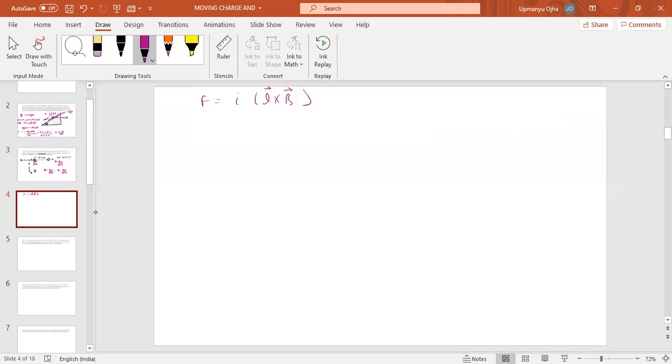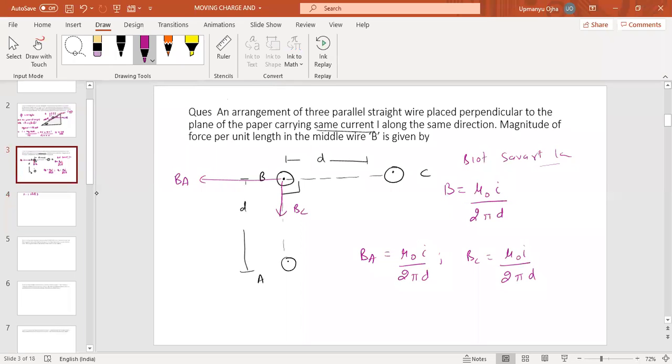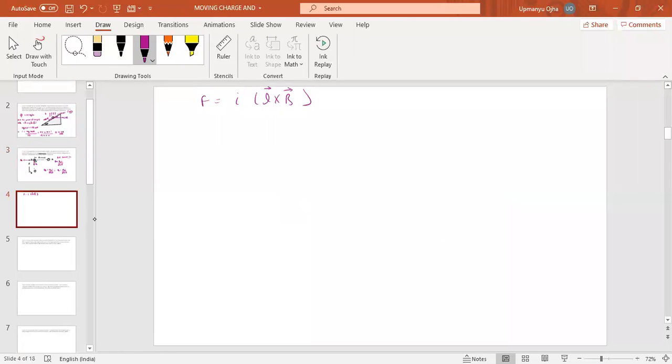If you use Fleming's left hand rule, the current flowing is outward and the magnetic field is downward. The force acting due to C will be in this direction, the right side, that is FBC.